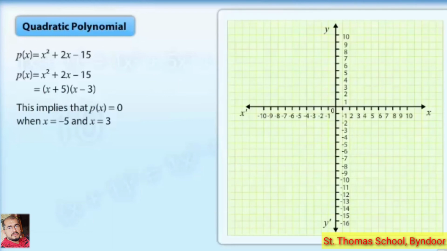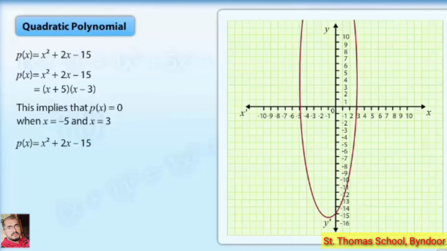Let us see the graph of p(x) = x² + 2x - 15. What are the x-intercepts of the graph? You can see that y is equal to 0 at 2 points, (-5, 0) and (3, 0). Therefore, the x-intercepts are -5 and 3.